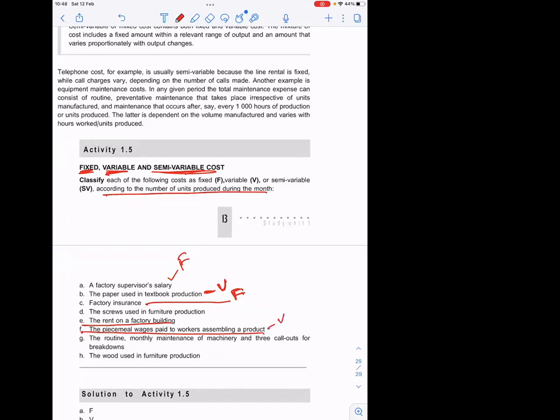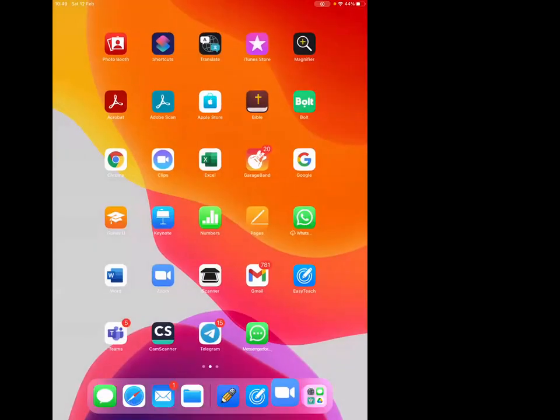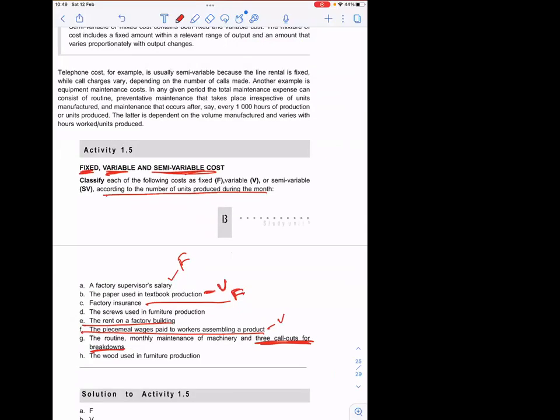E, the routine monthly maintenance of a machine and 3 callouts for breakdown. If you've got routine maintenance from those who maintain machinery, there is a fixed fee that they will be charging you. But if you call them and say there's been a breakdown, please come, there shall be an invoice for them to attend to that breakdown, making it a semi-variable cost.